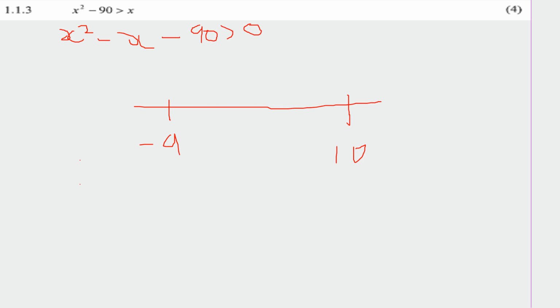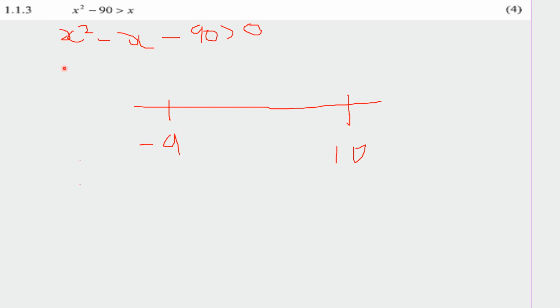If the coefficient of x squared is positive, that means our graph will be concave up. But if our coefficient of x squared was negative, we're going to have a concave down.